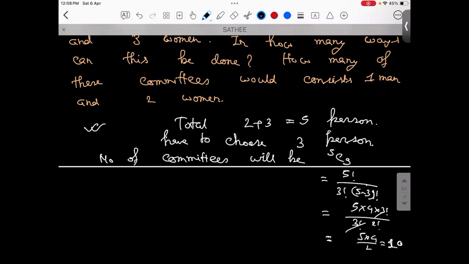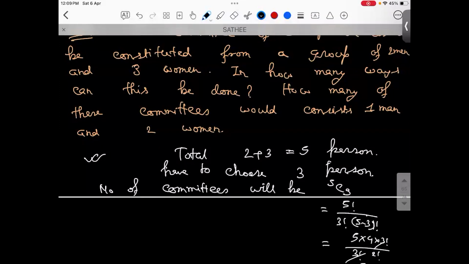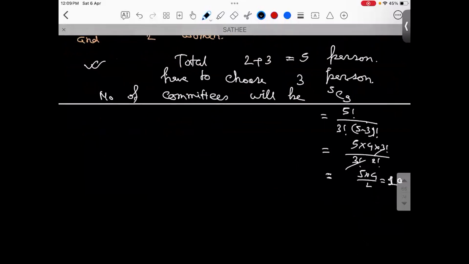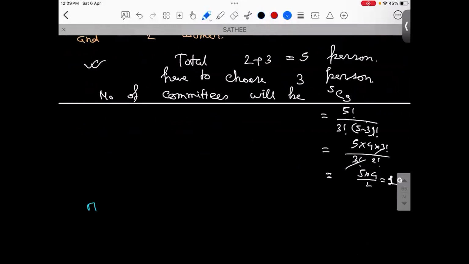Fine. Now come to the second part. How many of these committees would consist of one man and two women? Now they have specified that in this committee you have to give one man and you have to give two women. Now let us start like this. You have to choose first one woman, then another woman, and then a man. So let us assume two steps for the second part.